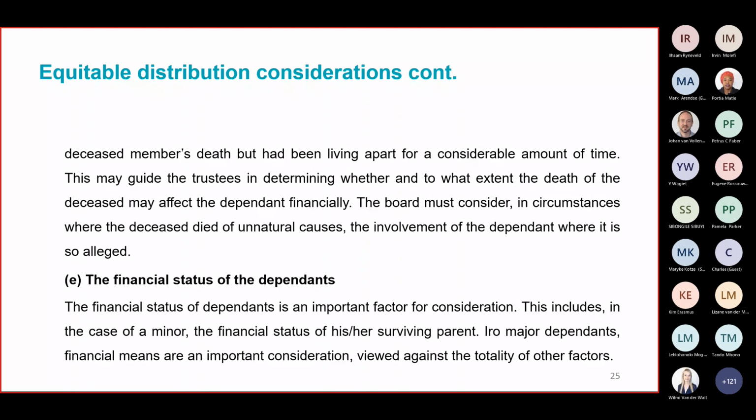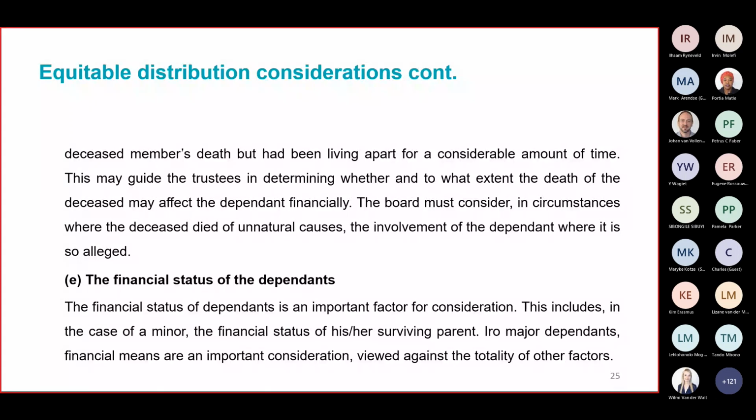So, for example, the surviving parent may have a young child that still requires support, but the surviving parent might be a successful professional, then of course that also is a consideration that has a bearing on what allocation and distribution will be made to that minor child. In respect of major dependents, financial means are also an important consideration, of course, viewed against the totality of other factors.